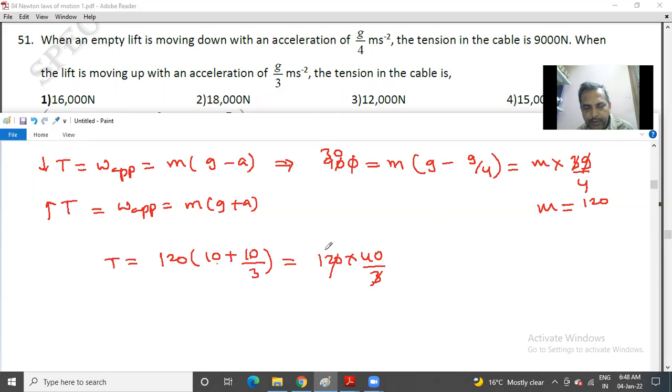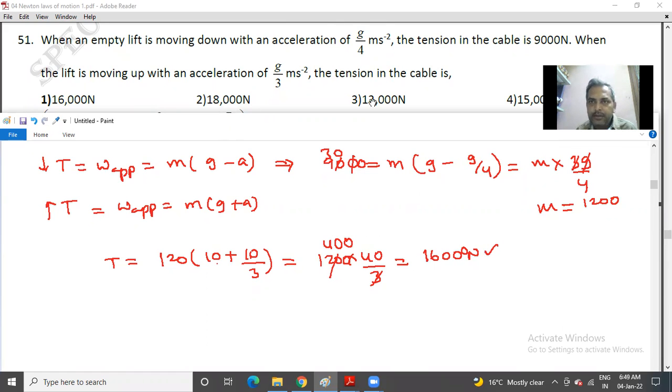So this is going to be 40 times 40. Here it is 9,000, not 900, so one more zero will come extra. So the answer is 16,000 newtons.